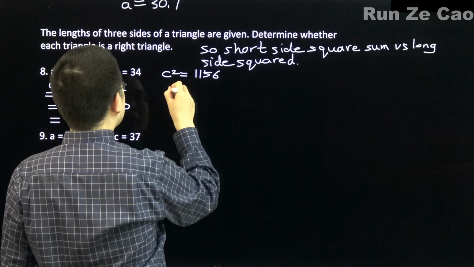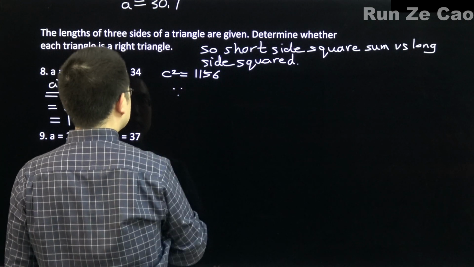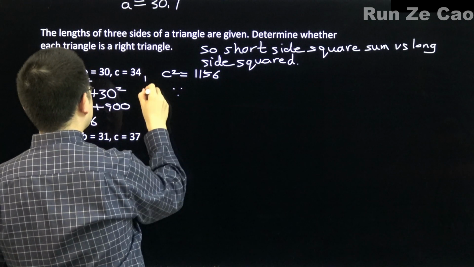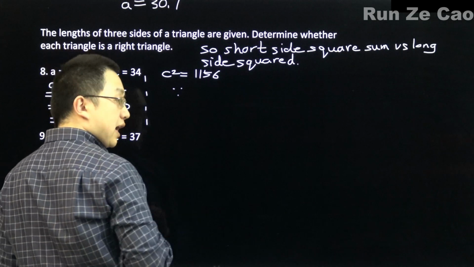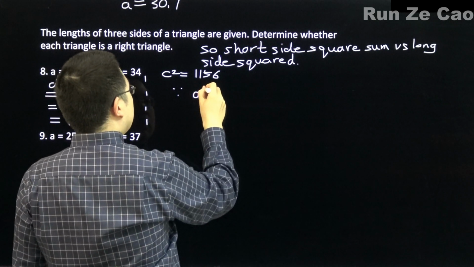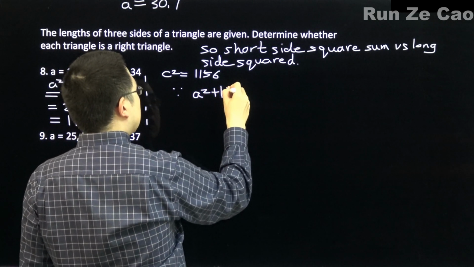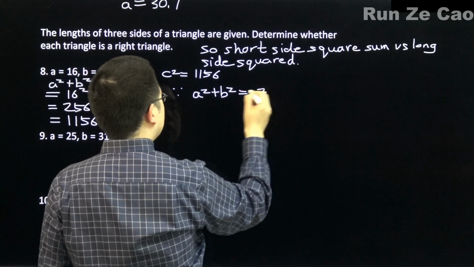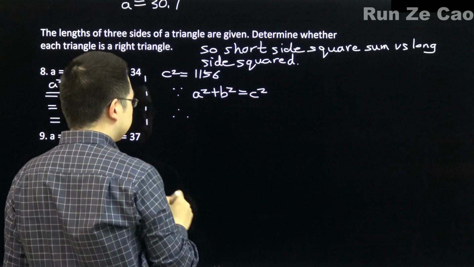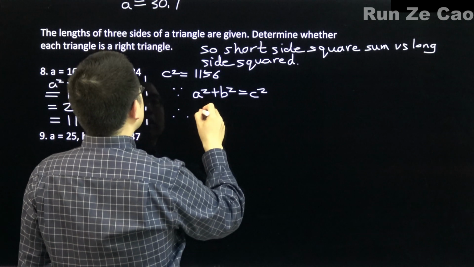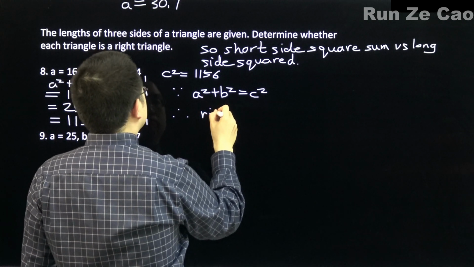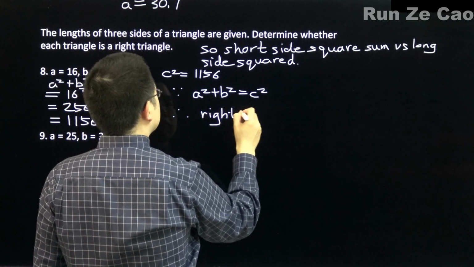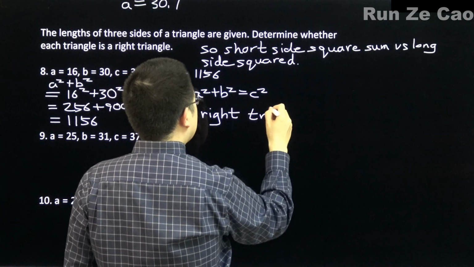So because a squared plus b squared equals c squared, therefore, right triangle.